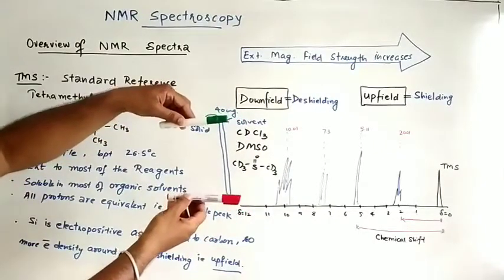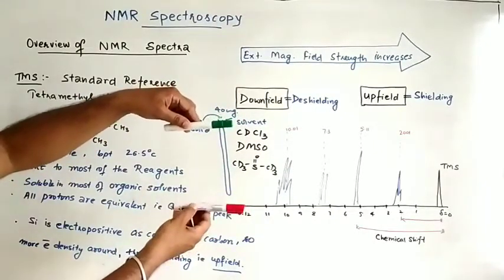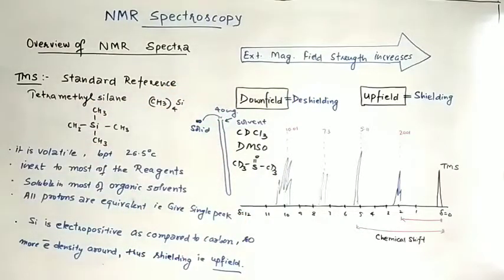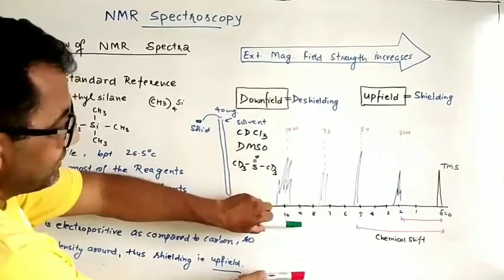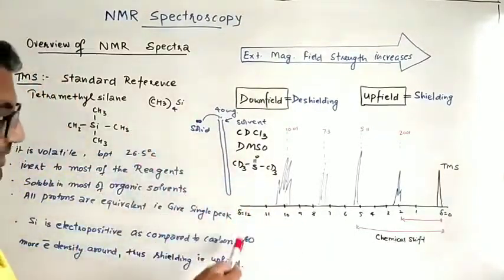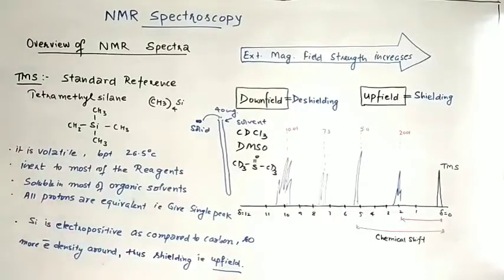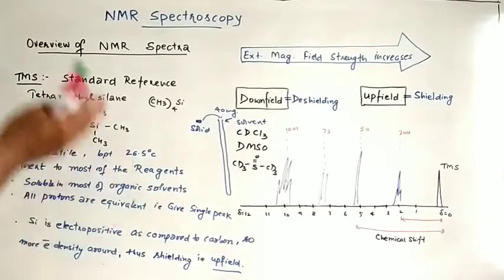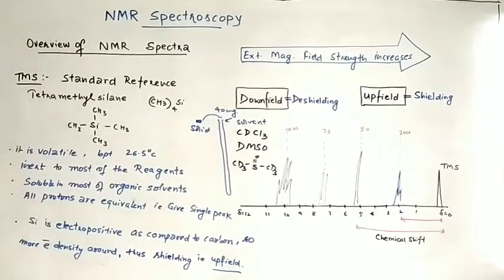The main task is to adjust the distance in such a way that flipping takes place. By controlling the external magnetic field, we adjust the distance so that the incoming radiation may cause a flip. Flip means one proton moves from alpha to beta state. When flipping takes place, the peak will appear. One flip, one peak.